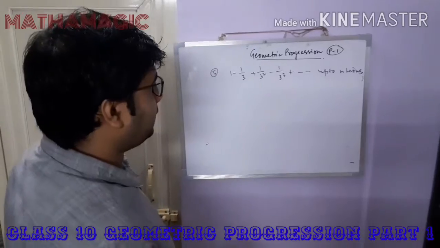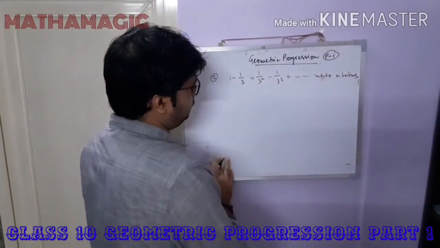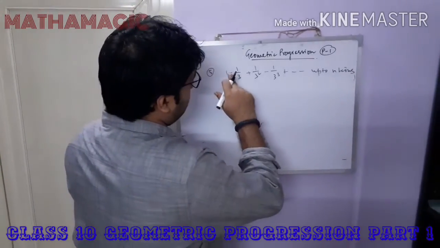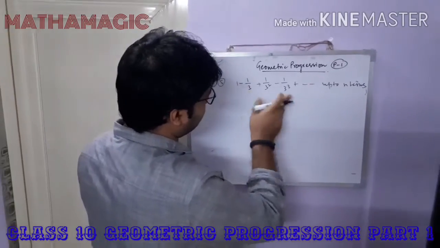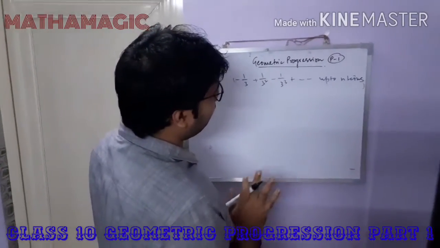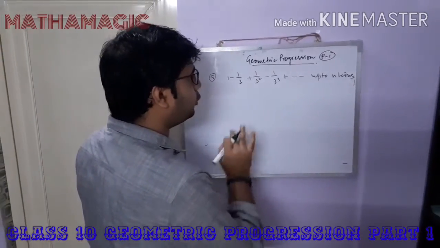In order to solve this kind of problems, there is nothing to worry about. Most of the students get worried because they are getting plus and minus both signs, but here the plus and minus signs are given just to confuse you. No need to get confused by this. You just follow your own procedure.